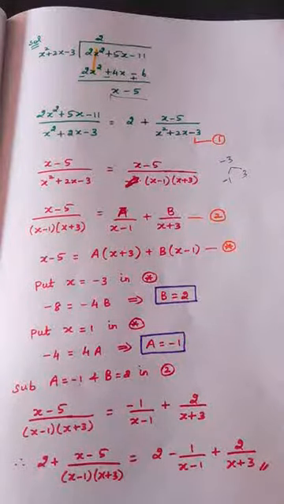How to choose that? Ax plus b by that quadratic factor. And type 4, if the degree of numerator becomes equal to the degree of denominator, or if it is more than the denominator, it comes under type 4. What should we do for type 4? For type 4 we should divide and do.